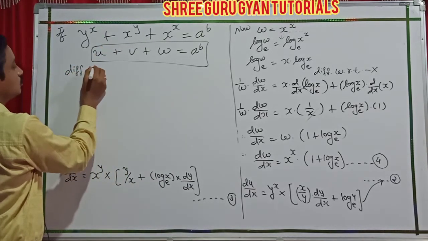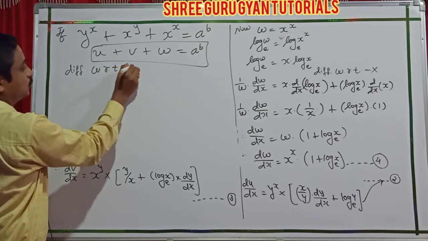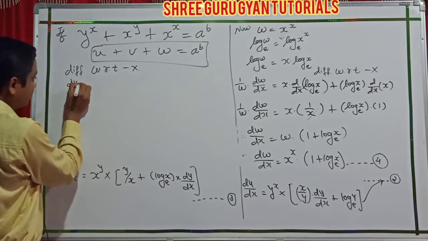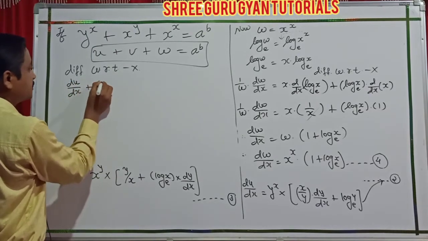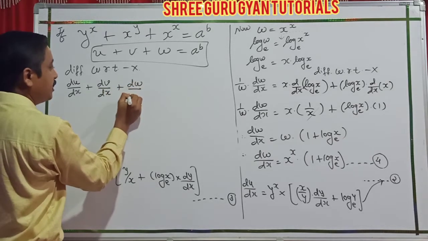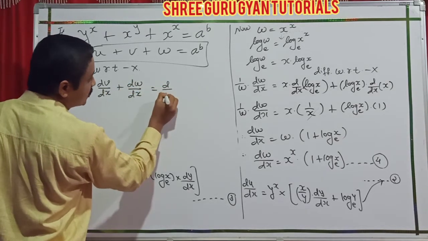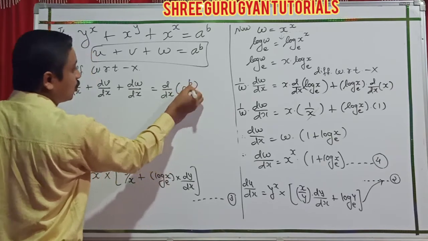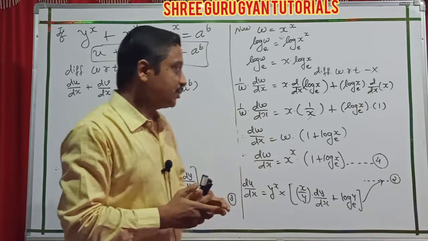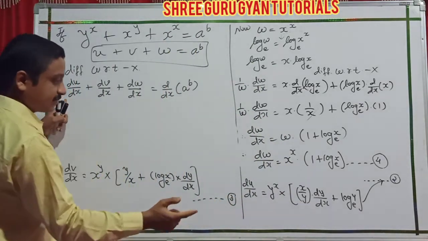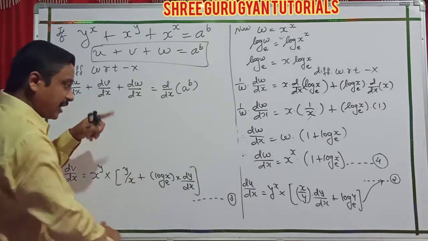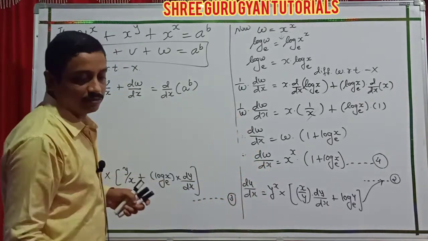Now I start differentiation with respect to x. So here du by dx plus dv by dx plus dw by dx, and here d by dx of a is a constant term, and the constant term derivative is known. Students, check here, du by dx is this, dv by dx is this, and dw by dx is this, all values.